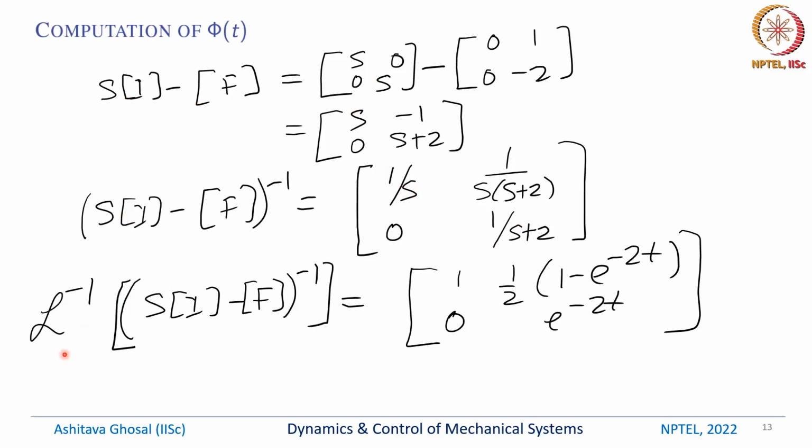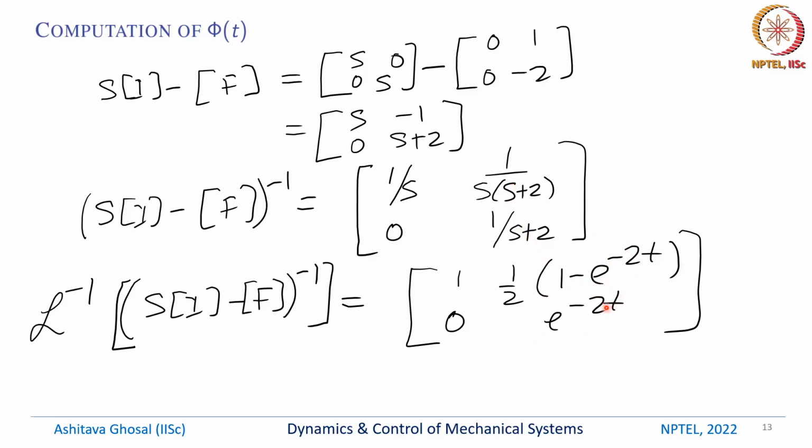And then the Laplace inverse of this matrix. What is the inverse of 1 over s? That is unity. Remember, I had given you a set of common Laplace transforms and their inverses. So what about 1 by s into (s plus 2)? You can also go back and see it is half into (1 minus e to the power minus 2t). The term 1 by (s plus 2) gives you e to the power minus 2t, which is what is shown here.